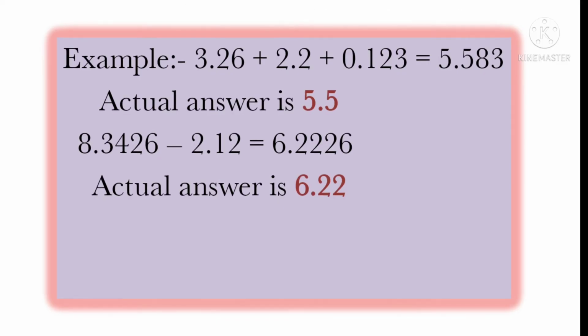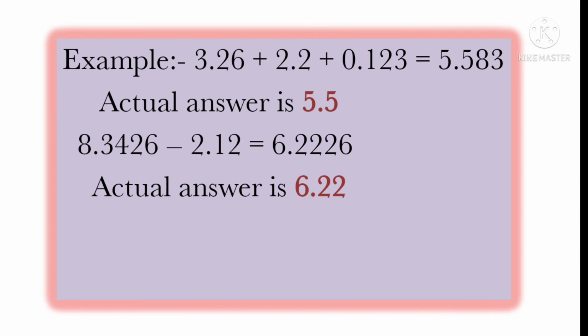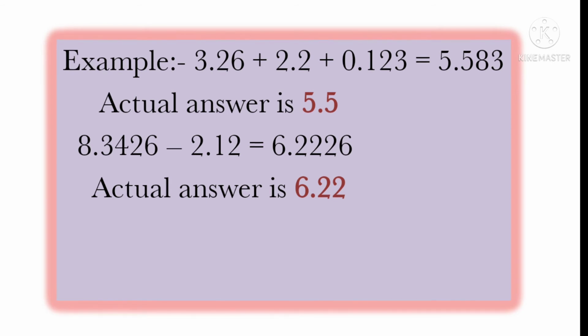So here is an example of addition which is 3.26 plus 2.2 plus 0.123. इसमें 2.2 का सबसे कम डिजिट है, so answer को भी इसी हिसाब से round up करना होगा.